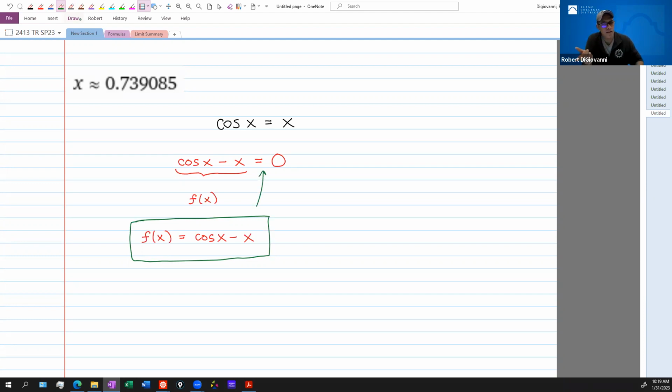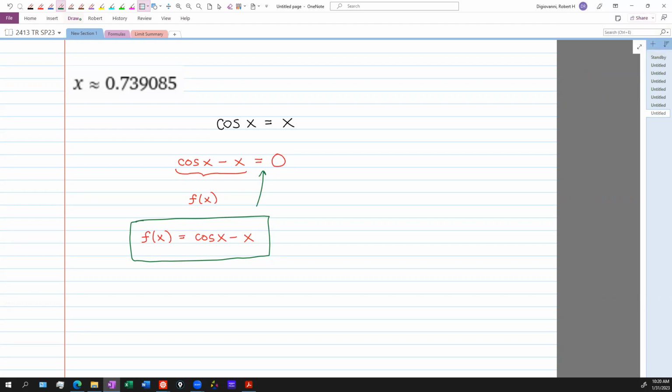What would I really be asking you for on this function? Anytime you set a function equal to 0, what are you really finding graphically? When you set a function to 0, what are you actually looking at or trying to find on that graph?